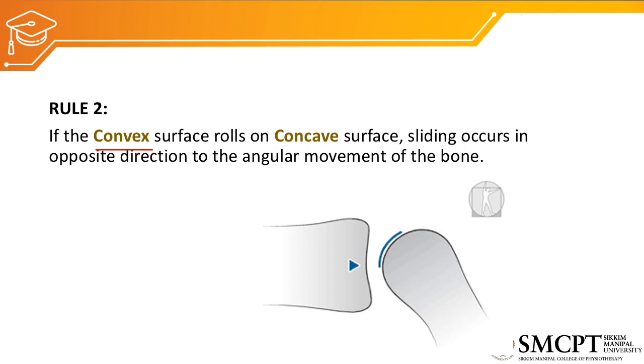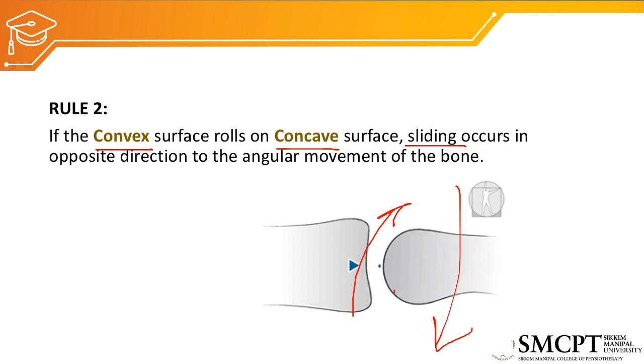If a convex surface moves on concave, the sliding will occur in the opposite direction. So the sliding, you can see the blue indicator, is occurring in this direction, whereas the movement of the bone is towards the opposite direction. So when a convex surface moves on concave, sliding is in the opposite direction.